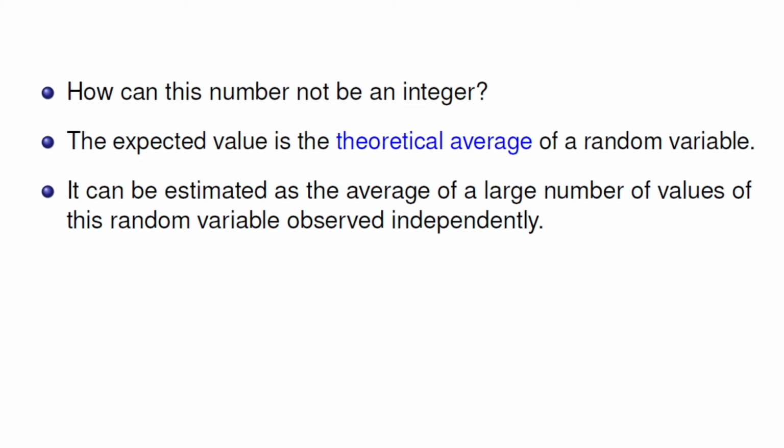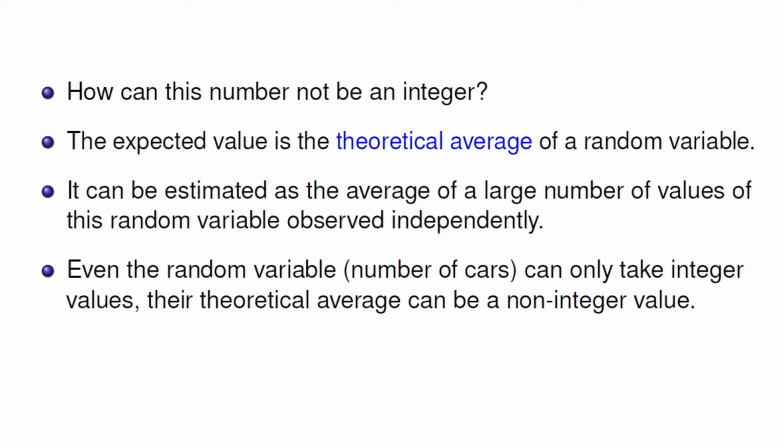Even though each household must have an integer number of vehicles or cars, their average can be a decimal. So that is the reason why this expected value can be a non-integer value. Even if the random variable can only take integer values, its theoretical average can be a non-integer value.